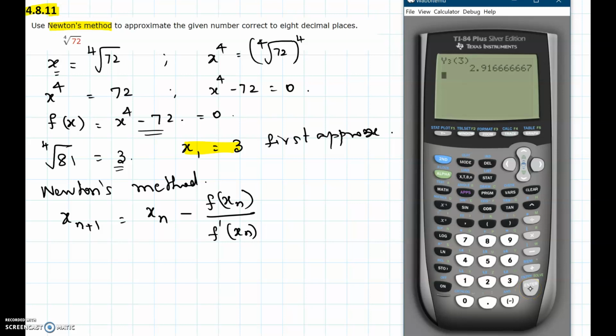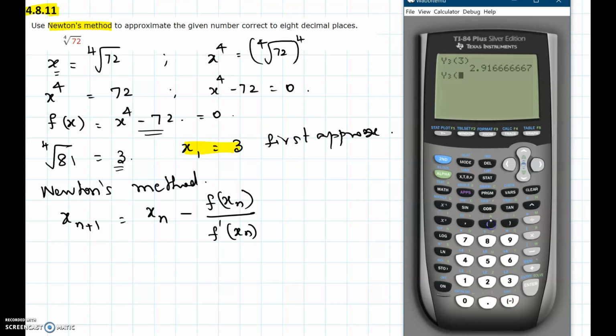What you get here, 2.91666667, is the second approximation to the root. In order to get the third approximation, we have to input this value into y3. So go to VARS, use the right arrow to pick Y-VARS, choose the function by hitting 1, but we want y3, so hit 3.